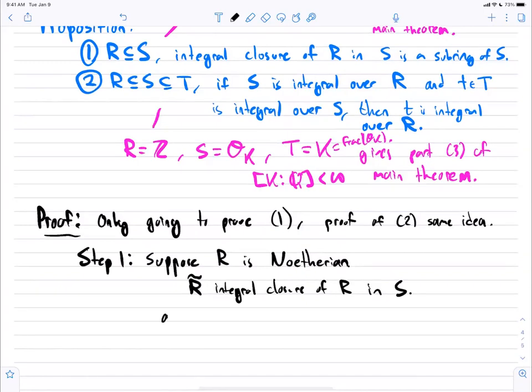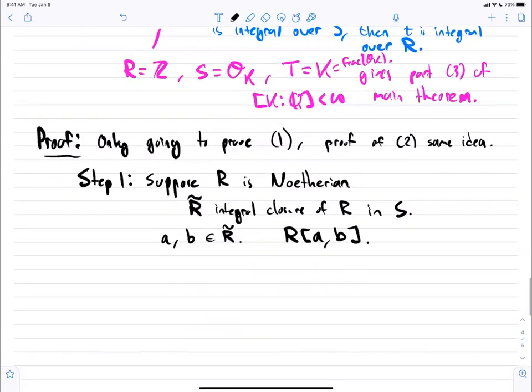Well, let me take a, b in R tilde. Let me look at R adjoin a, b, the smallest subring of S that contains both a and b. This contains in it the smallest subring that contains a plus b, as well as the smallest subring that contains a times b.